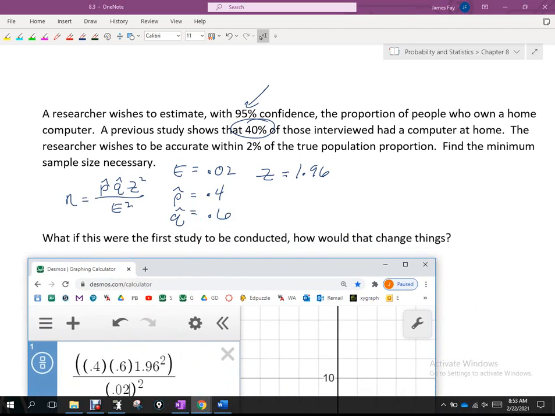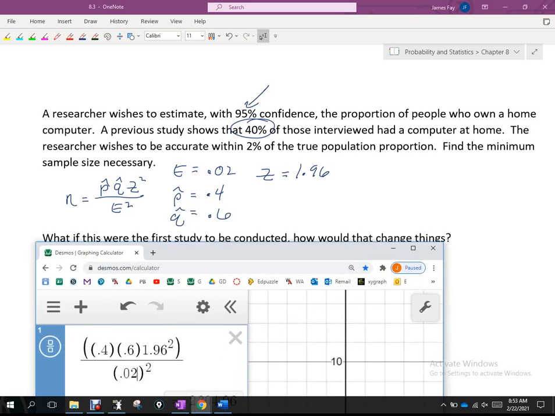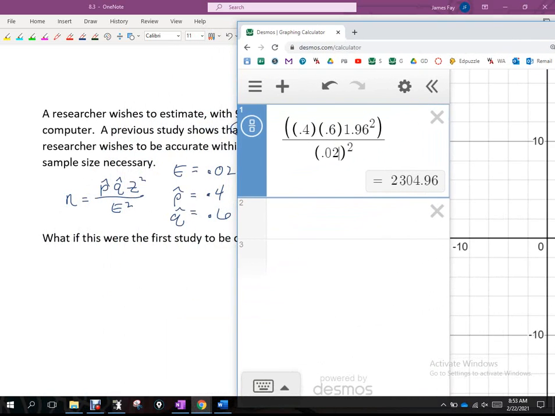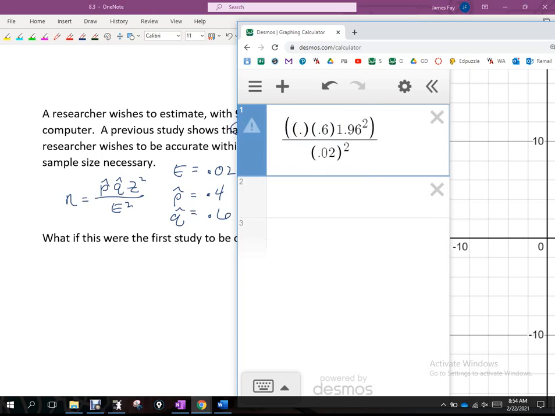It says, what if this was the first study to be conducted? How would that change things? What would those two things become if I was the first person to conduct the study? They'd both be 0.5. So let's see how that changes that value.